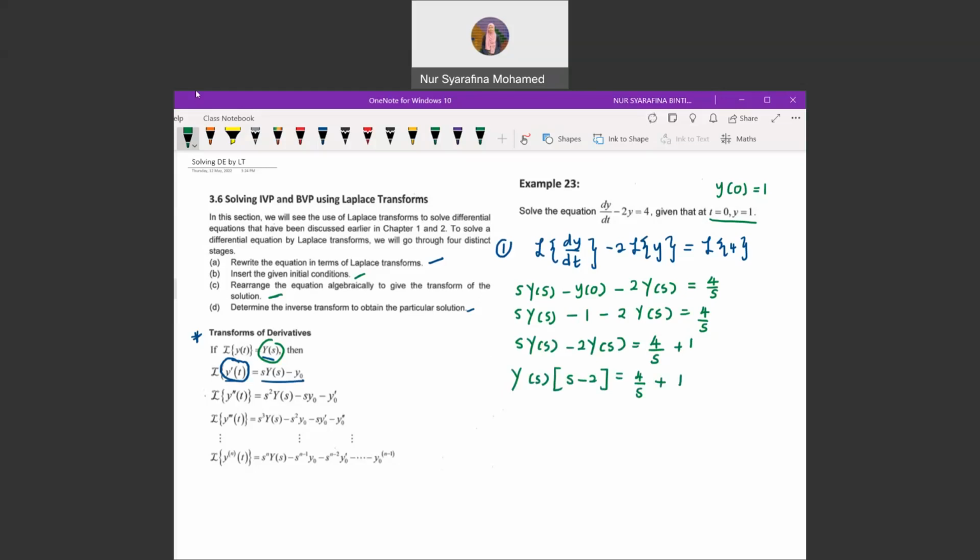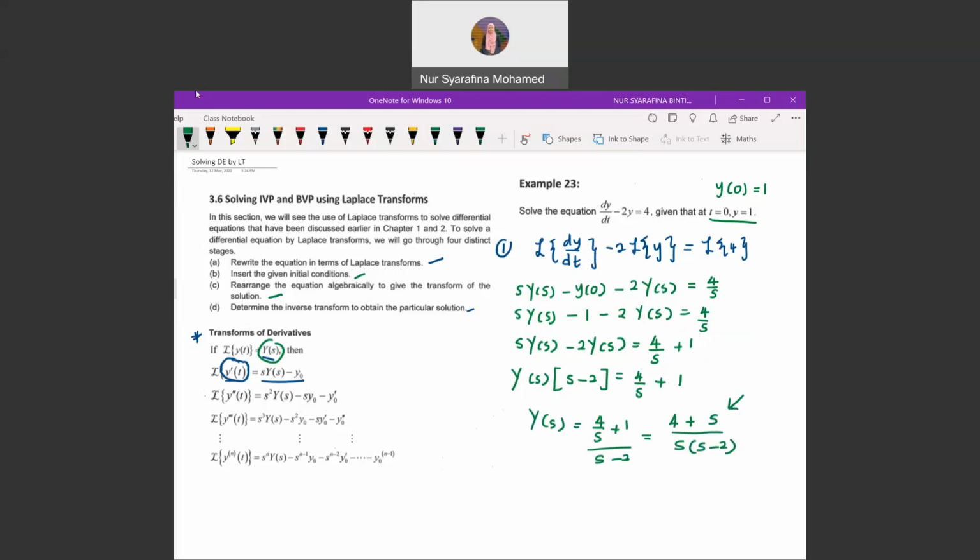And then we give the transform of the solution. So the solution of Y(s) should be 4 over s plus 1 divided by s minus 2, which will give you 4 plus s over s minus 2. So this is the solution in terms of s.